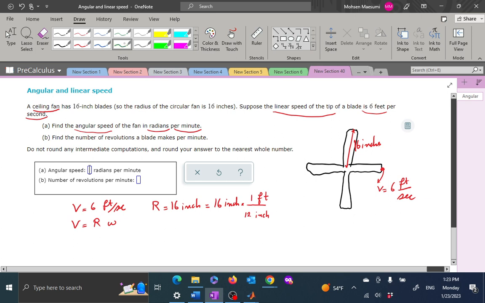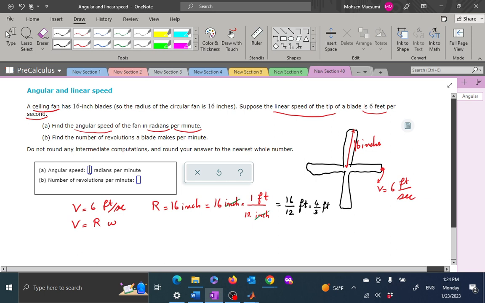Once I have that, then I can cancel these inches, and of course I have 16 over 12. Of course you could have said that without going through all these steps, but just to practice how to change our units. 16 inches we have to divide by 12 to figure out how many feet that is. You can leave the fraction like that, or simplify and divide by 4, get 4/3 of a foot. That's the radius.